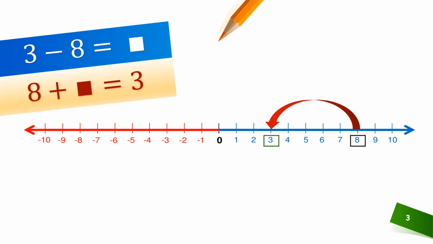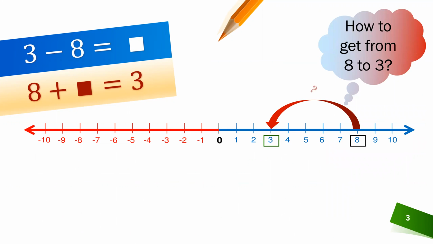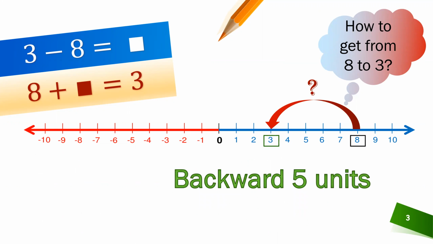You would have to slide backward 5 units. Make sense? Backward 5 units. Therefore, you would say 8 plus a negative 5 is 3. And since 8 plus a negative 5 is 3, we would say 3 minus 8 is negative 5. So rely on the definition of subtraction.